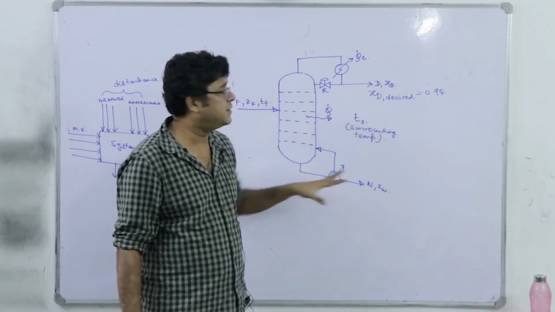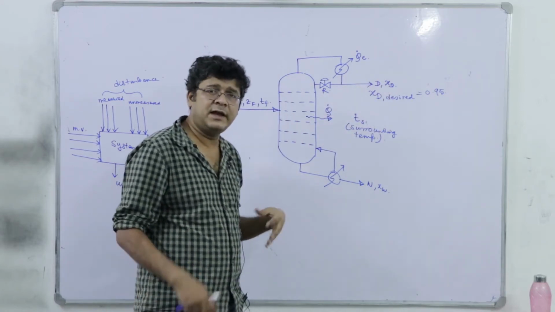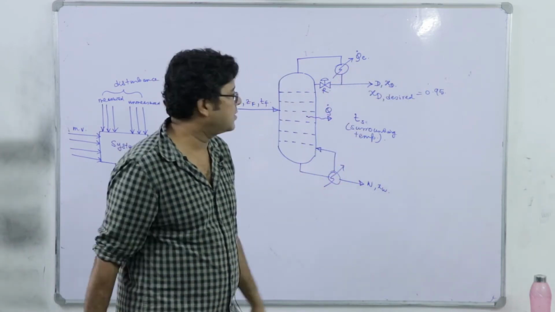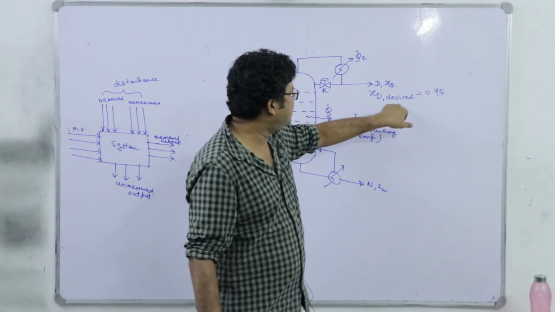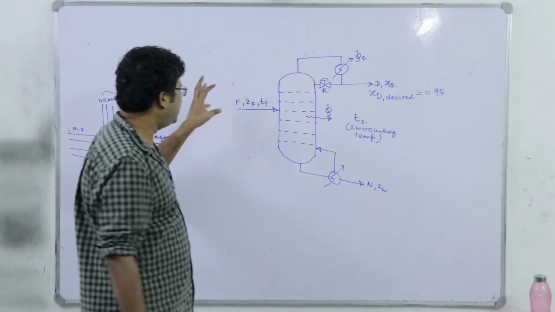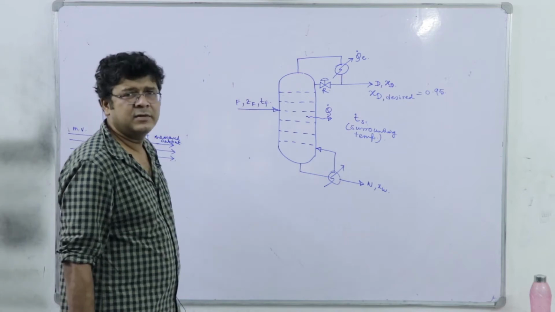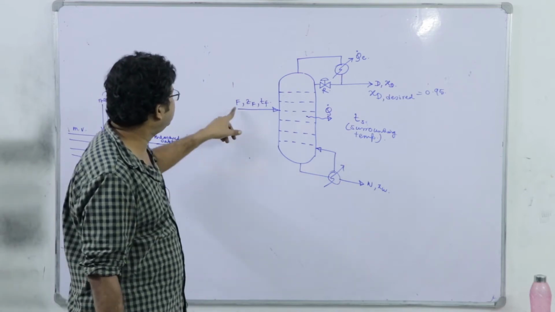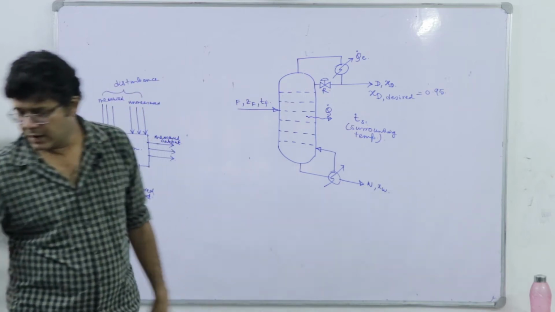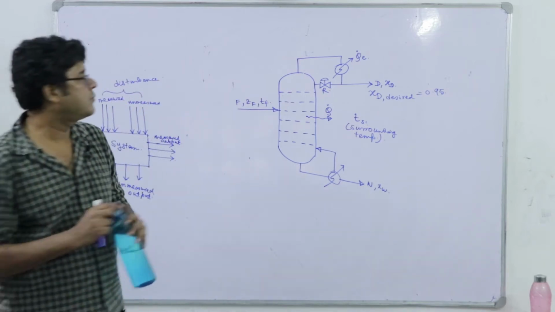The product from this device is commercial grade pentane. Simply we will take the distillate, bottle it and sell it to the market. So we have to keep this at 0.95. And we have a feed which, in normal condition, is at the design value, ZF is also at design value, TF has also got a design value.